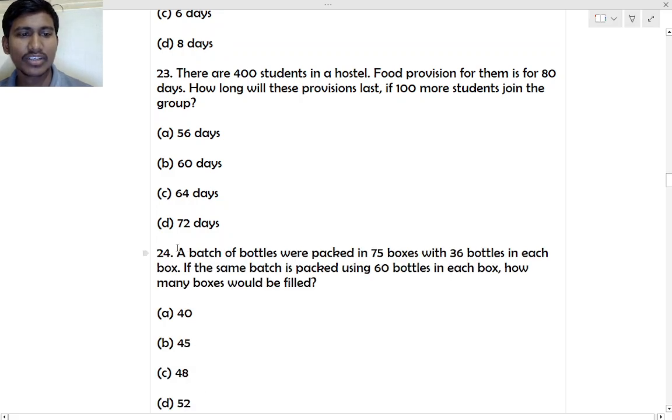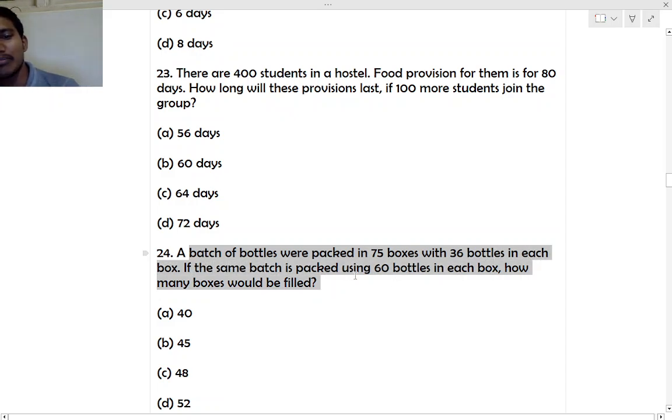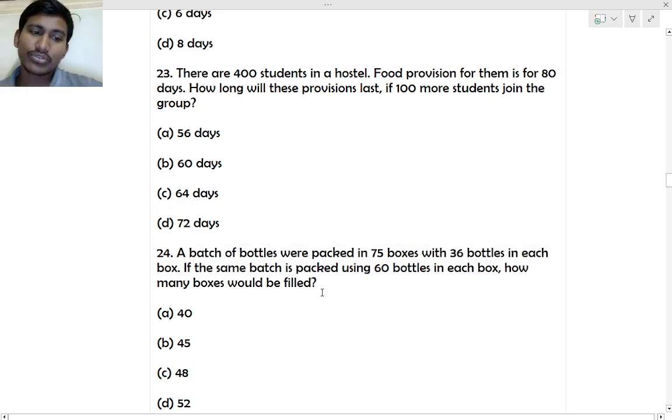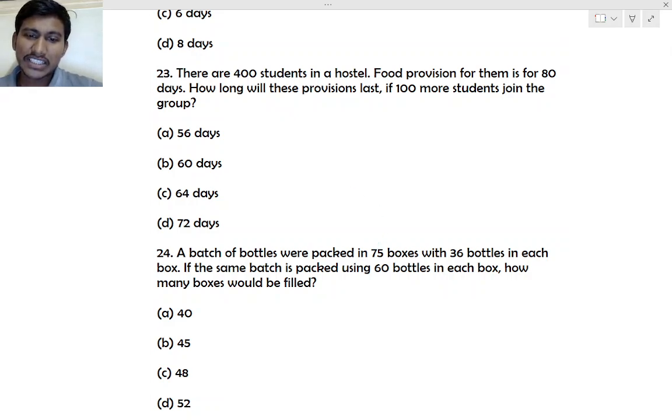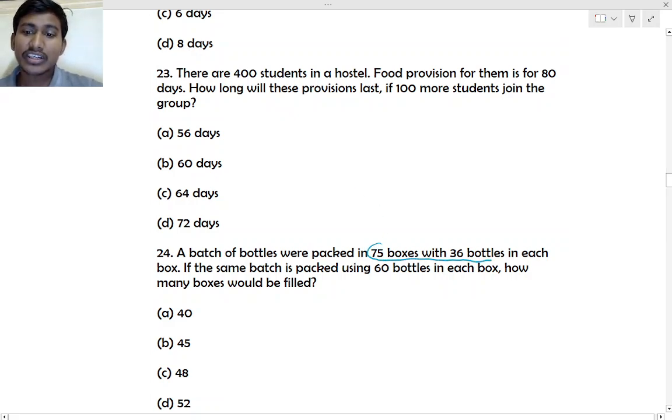Next is 24. A batch of bottles were packed in 75 boxes with 36 bottles in each box. If the same batch is packed with 60 bottles in each box, how many boxes will be filled? First find the total: 75 boxes into 36 bottles.